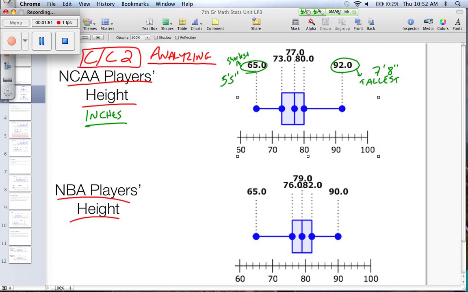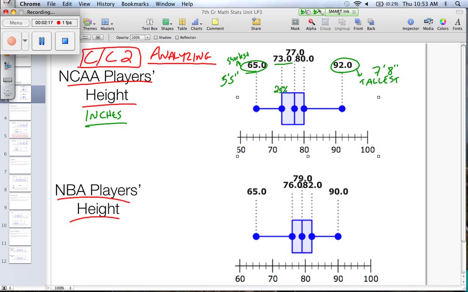My lower quartile is 73, which is 6'1". Okay? That marks the 25th percentile. Anyone in college basketball who is more than 73 inches tall is in the upper 75%. Anyone that is shorter than 73 inches tall is in the lower quarter of players in college basketball.